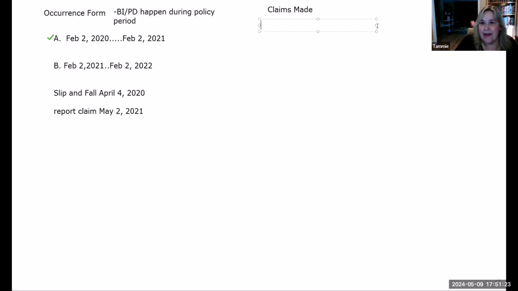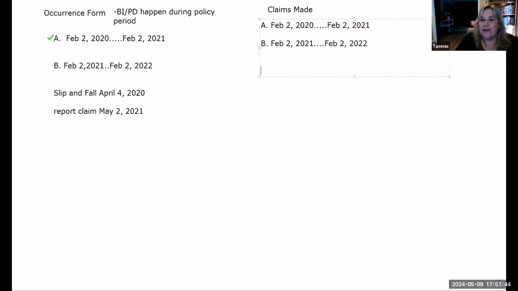Now, claims made policies. Let's say you have the same scenario: February 2nd, 2020, and your policy goes to February 2nd, 2021, and then it renews on February 2nd, 2021 to February 2nd, 2022.